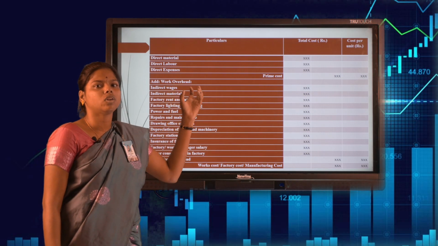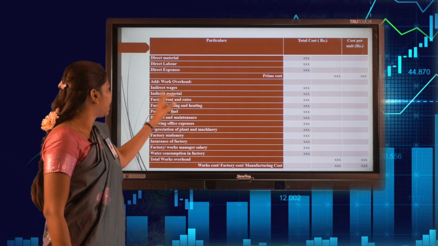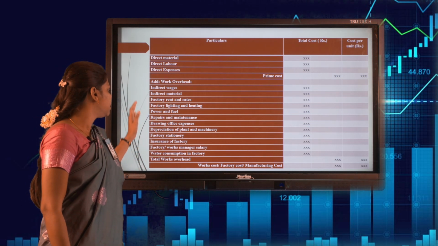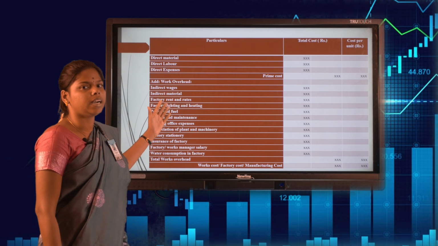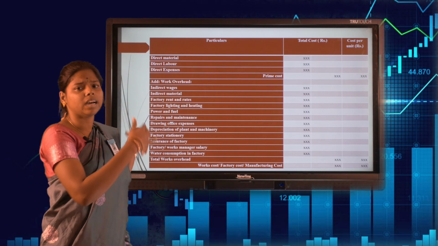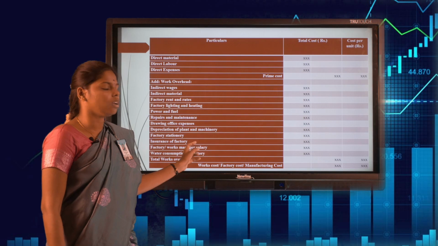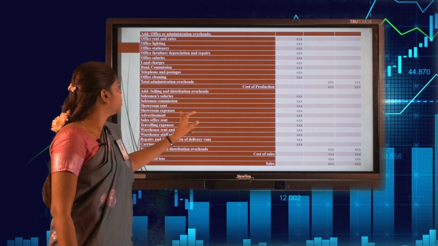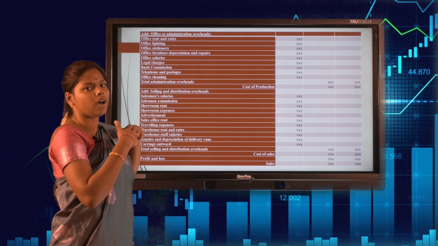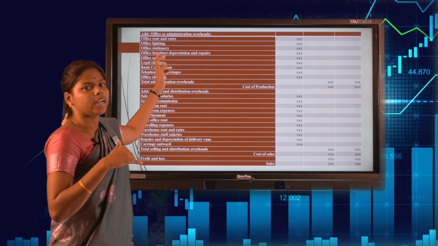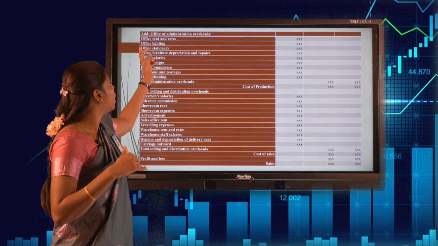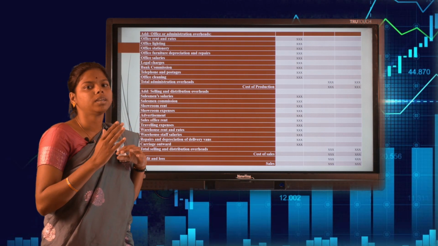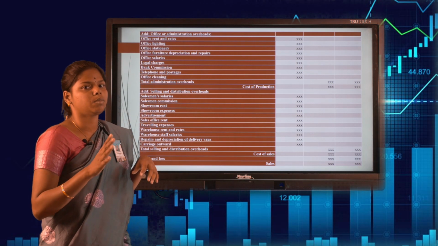The expenses related to the factory are called factory overheads, like indirect wages, indirect material, factory rent and rates, power and fuel, etc. These are the expenses incurred in a factory. If you add factory overheads, you will get a works cost, or factory cost, whichever you prefer to say. After getting the works cost, you can add office or administration overheads, which are nothing but the expenses related to the office and administration.